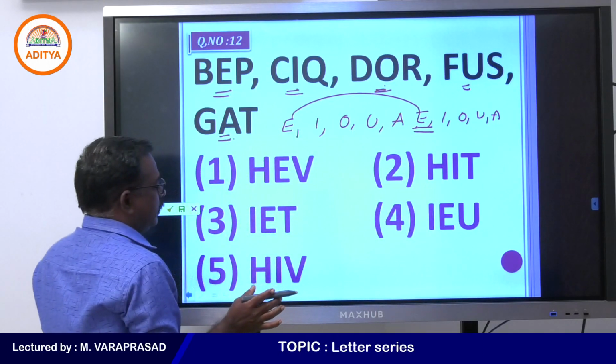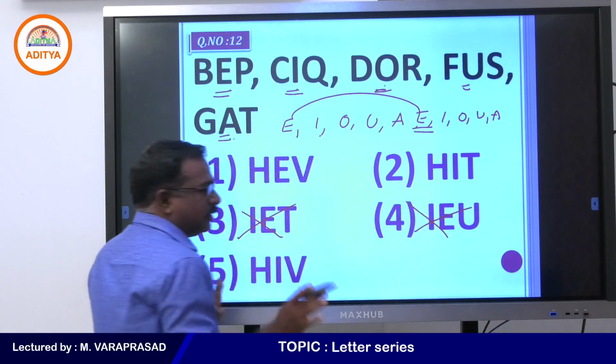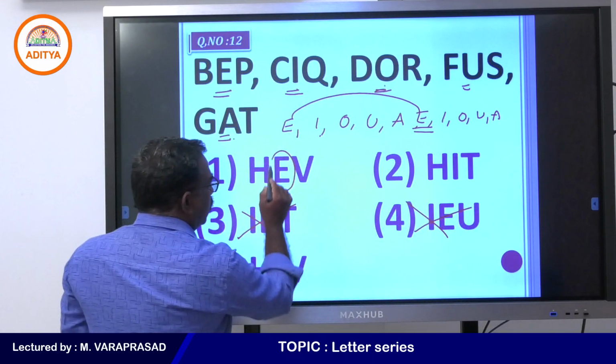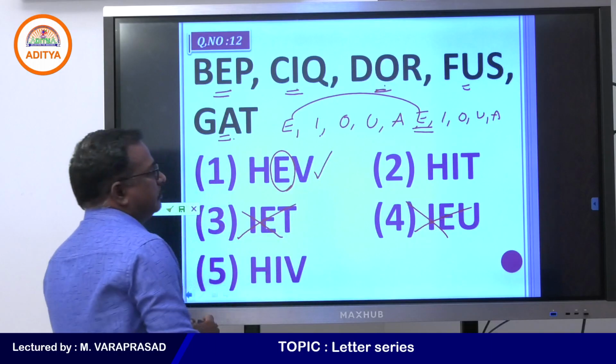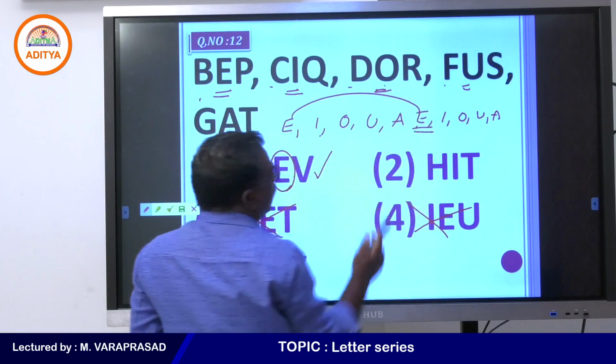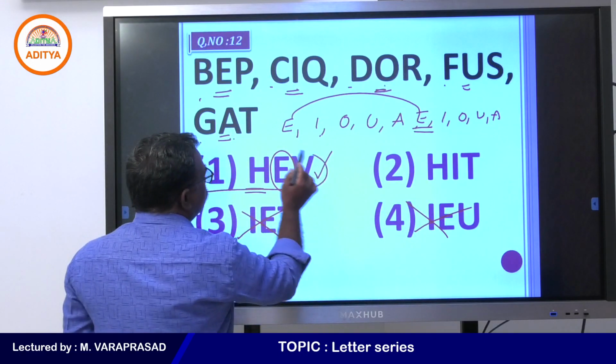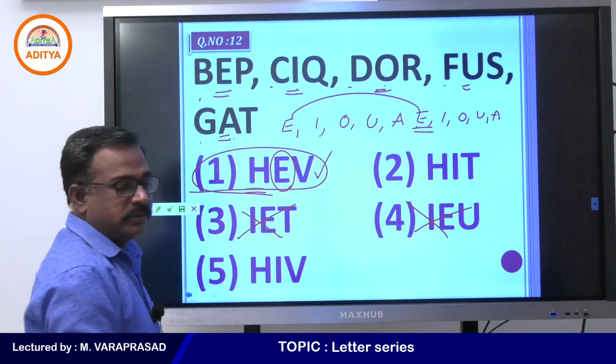Here it cannot start with I, the answer starts from H. So E is the only one in that place, that is the first option. B, C, D, F, with E missing as a vowel, G, H. So the answer starts from H, E, V, right?